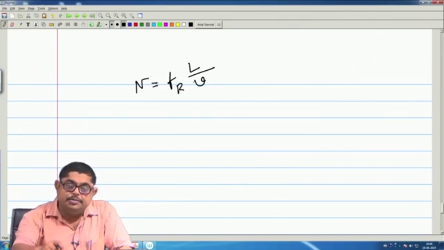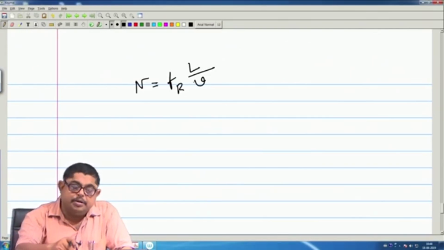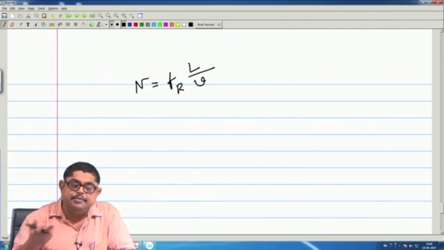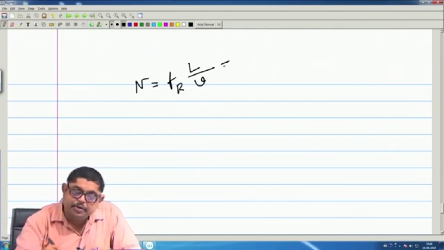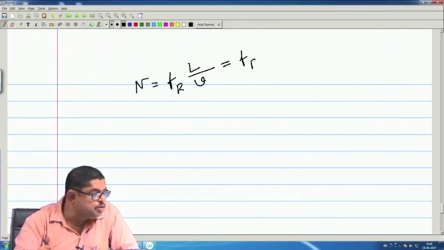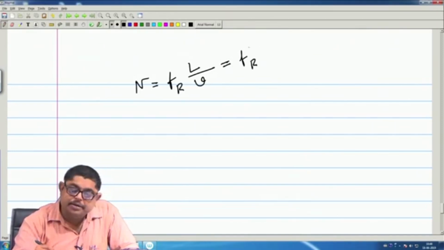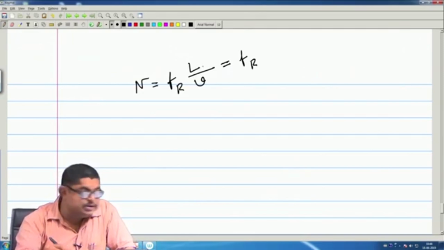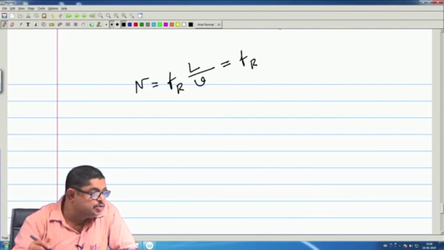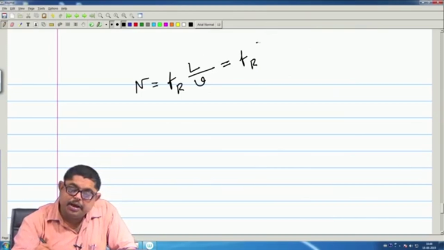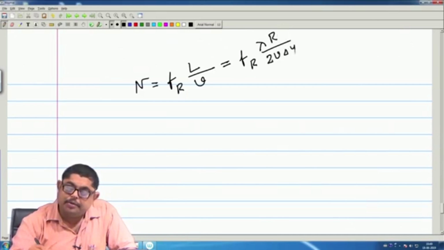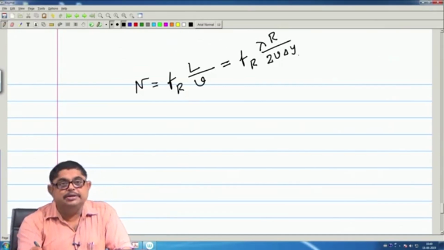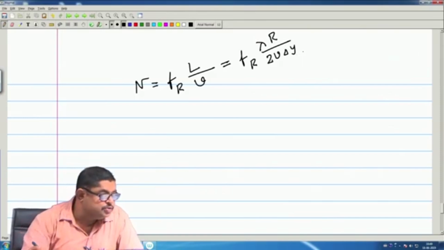So, in observation time T, if the FR is the PRF, FR into T will be the number of pulses. So, this we can put FR, and L again is L max. So, that value we can put lambda r by 2 V delta y. Actually, by this we have brought this delta y, the cross range resolution.